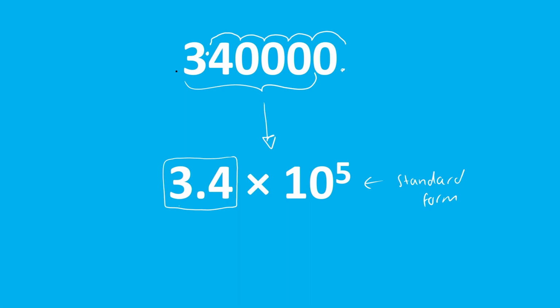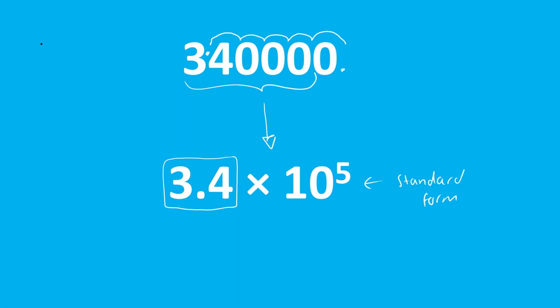It needs to be between 1 and 10, but less than 10. But if the decimal point was here, it would be less than 1, which wouldn't fit the category. So this is the right number of jumps to make over here, and that is 5 jumps. So because I divided it by 10 5 times, each jump is divided by 10, so I write it times 10 to the power of 5, because I made 5 jumps.